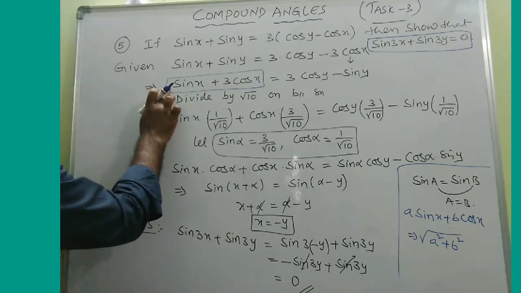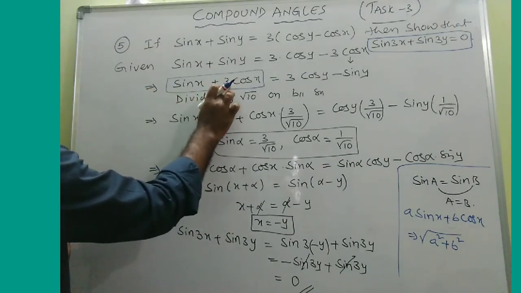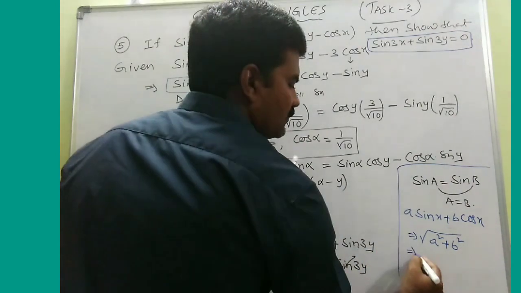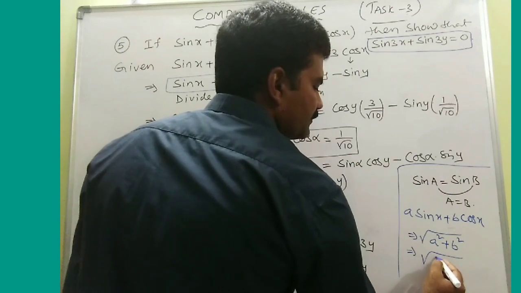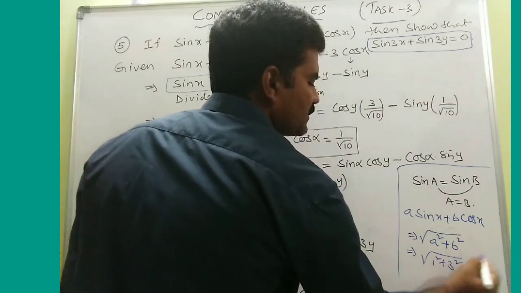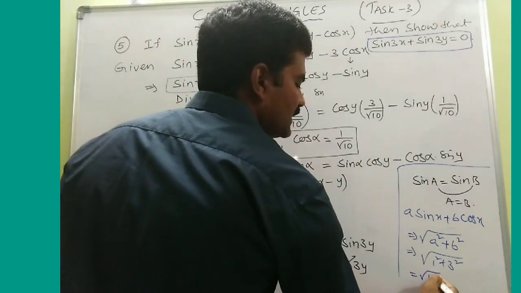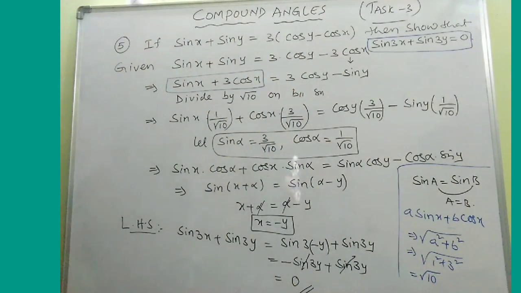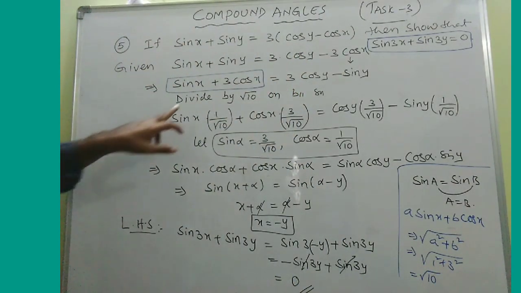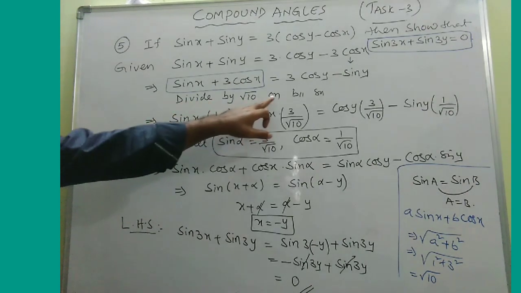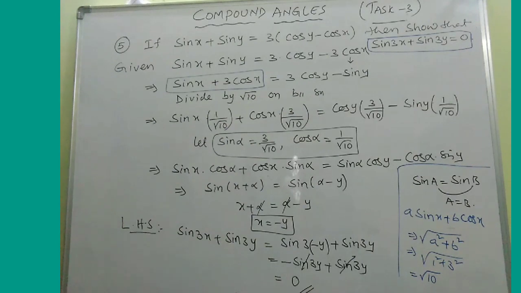So a is the coefficient of sin, which is 1, and b is the coefficient of cos, which is 3. Hence, we need to divide by root of a square plus b square, which is 1 square plus 3 square, equal to root 10. Okay? So that is why let us divide by root 10 on both sides.